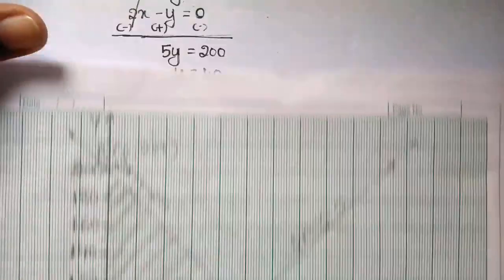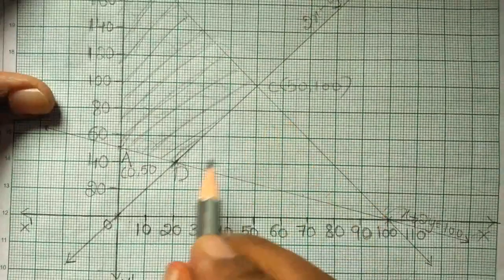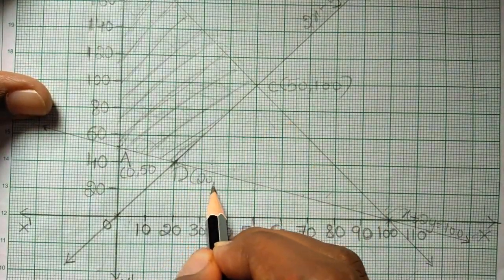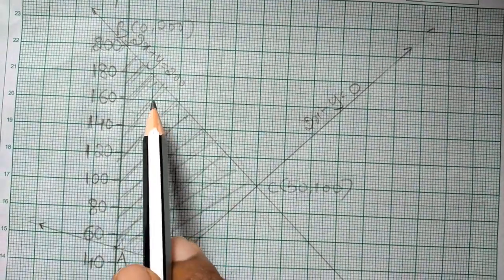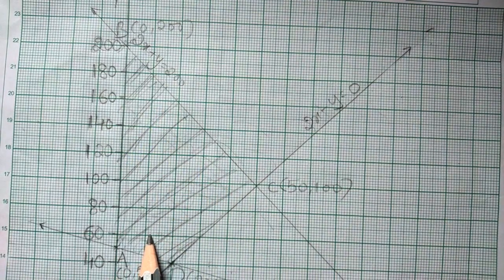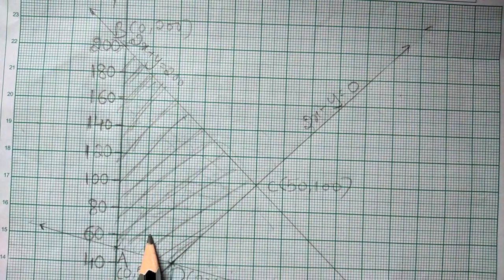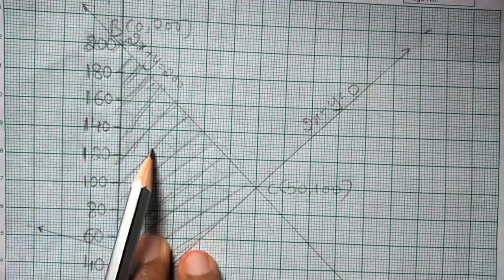And the coordinates of D are 20, 40. I'll write it here, 20, 40. These are the corner points and also observe here the feasible region is bounded. Then the objective function will have both maximum value and minimum value at the corner point.